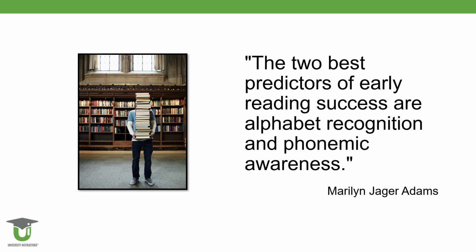When children can recognize letters and understand how spoken words are made up of sounds, they are well prepared to learn phonics, to decode words, and to develop reading fluency. Adams emphasizes that these two skills are strong early indicators of later reading achievement.